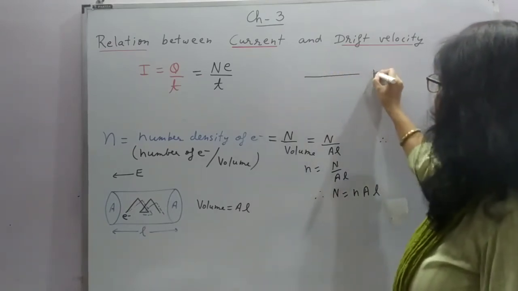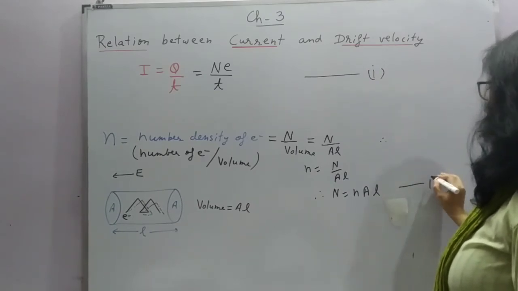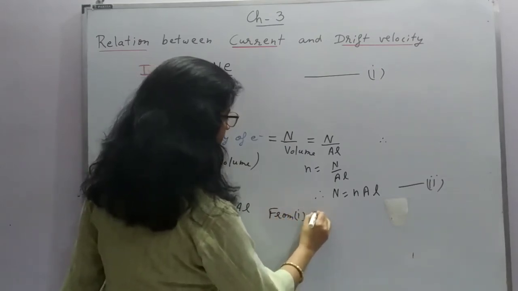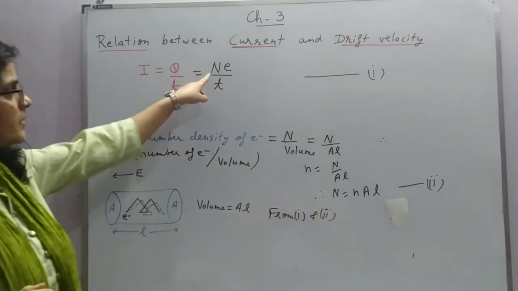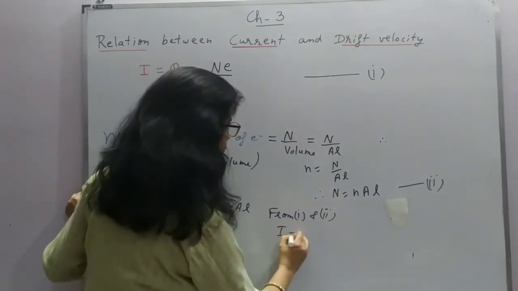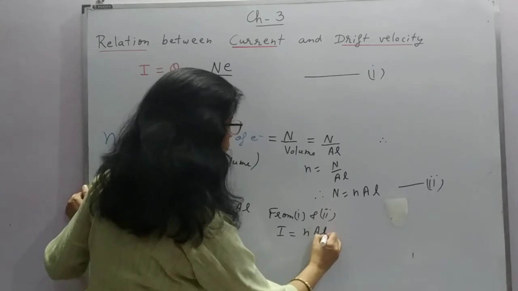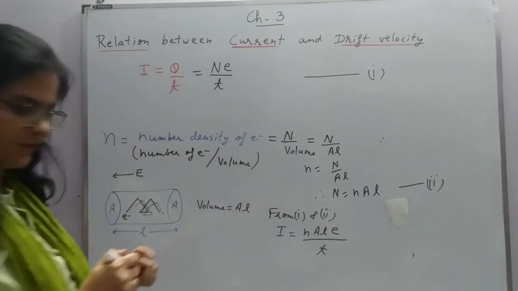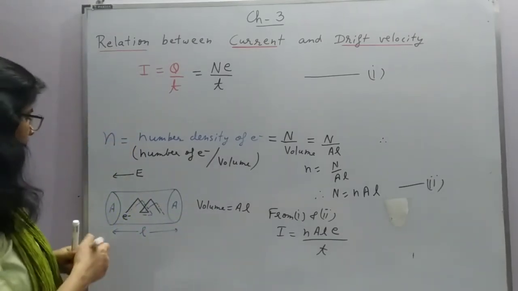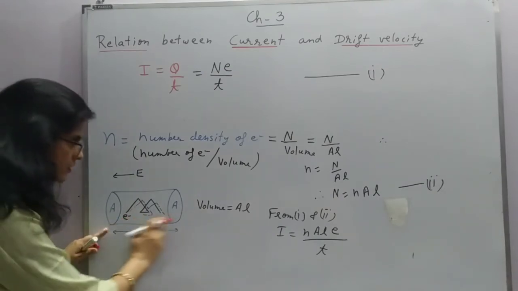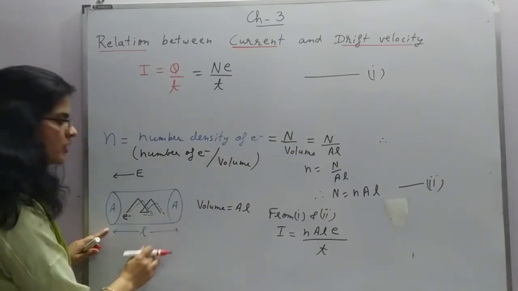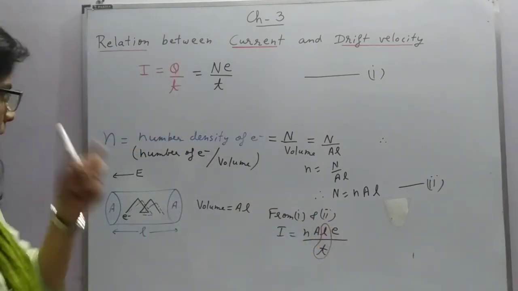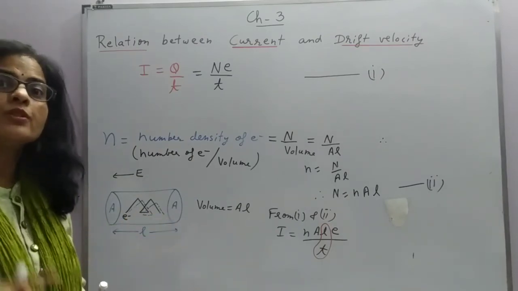Let's mark this as equation 1 and this as equation 2. From 1 and 2, I can replace this capital N. So I is equal to small n into A into L for capital N, and I'm writing E over here and T as it is. Now if you look at the diagram, this is the length of the conductor, the distance moved by the electrons. Distance upon time is velocity, and this distance is moved by the electrons due to drift velocity.